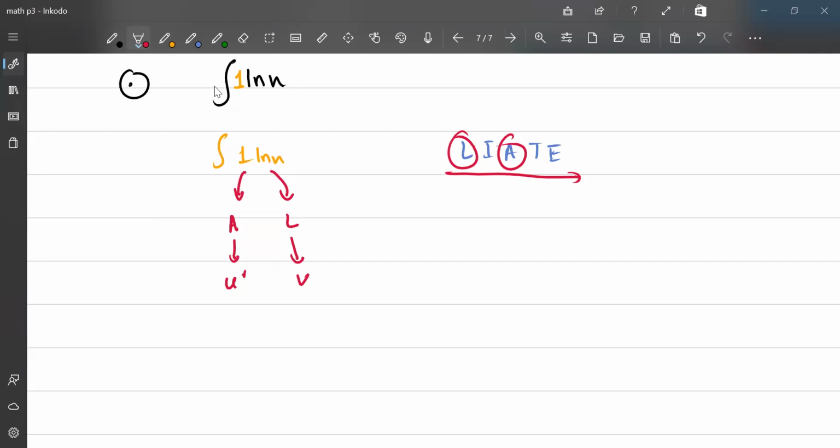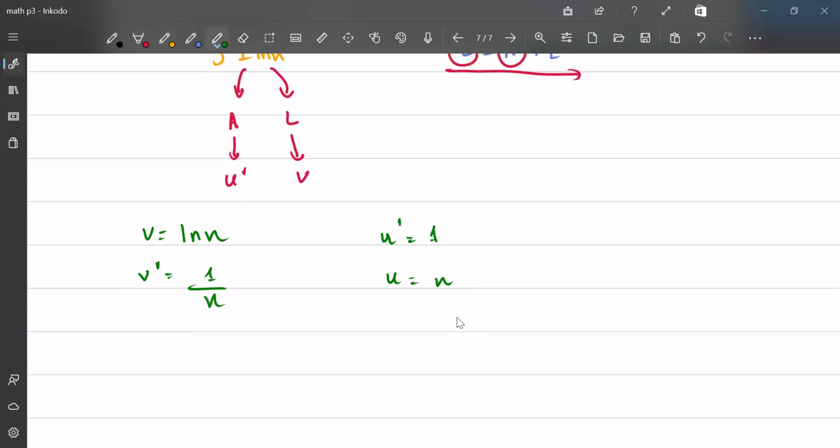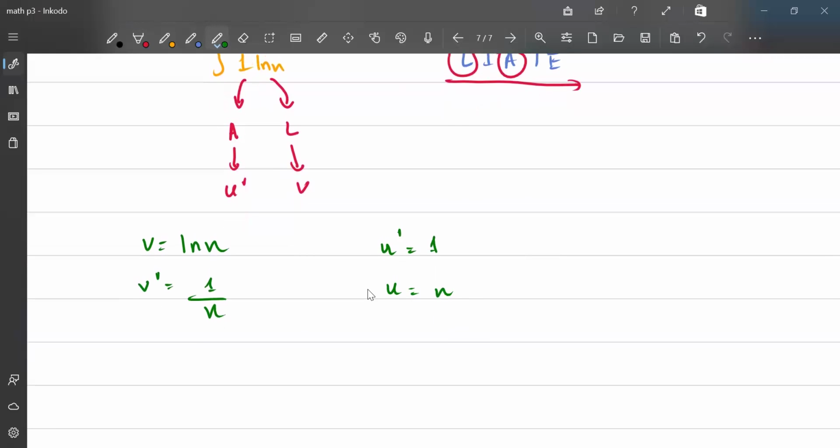All right. So let's just do this. So we have v with us, which is ln x, and u dash, which is 1. Now v dash would be 1 upon x, and the integral of u dash would be x.